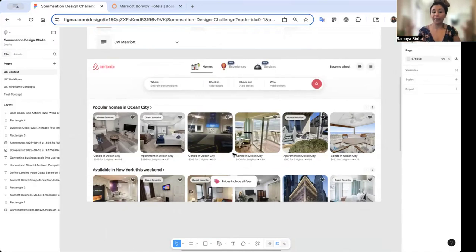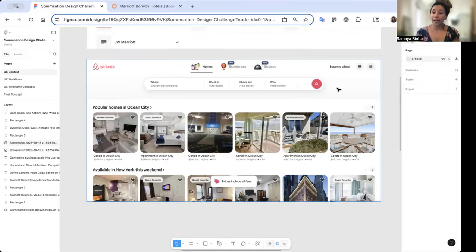They really just provide that digital presence, and they've expanded to experiences and services as well. They also really emphasize becoming a host, right? They have a supply and demand side, just like Marriott, except instead of hosts, Marriott works with hotel owners. So I think there's a lot to be learned from Airbnb.